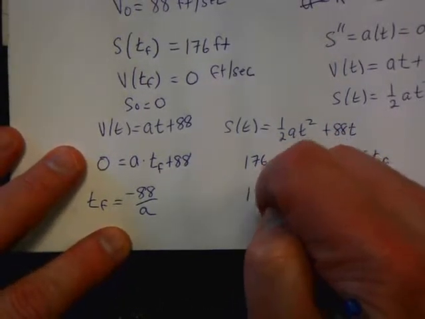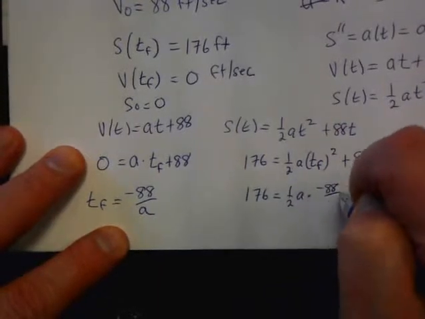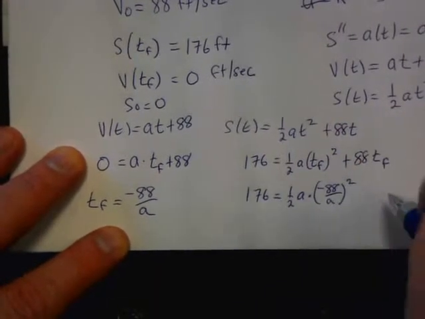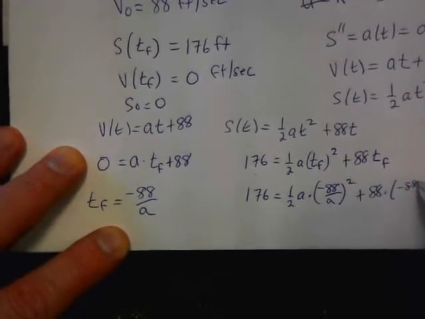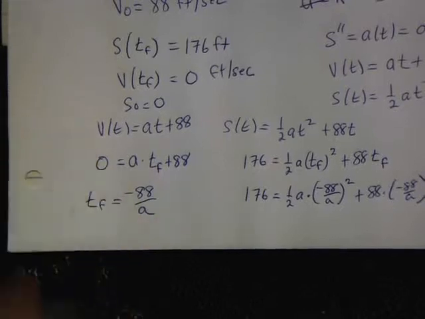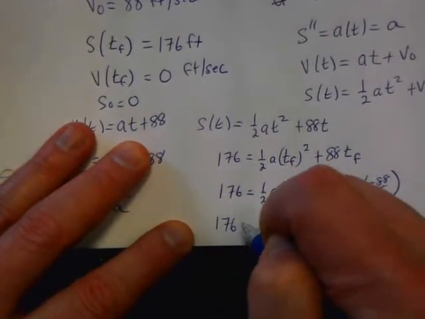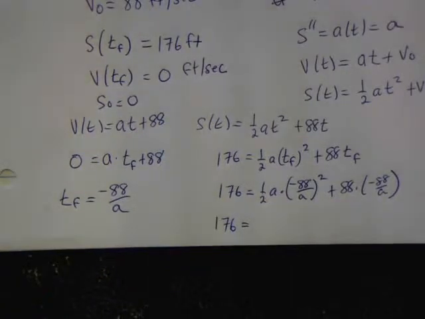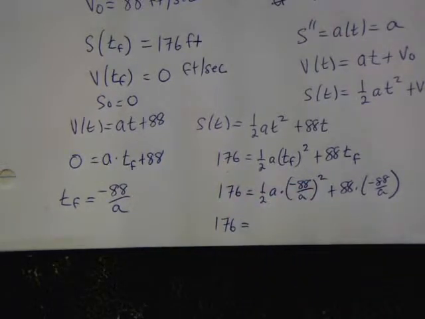Okay, so 176 equals 1/2 a times negative 88 over a, all squared, plus 88 times negative 88 over a. 176 equals, let's see, 88 squared is 7,744, but then I multiply that by a half.